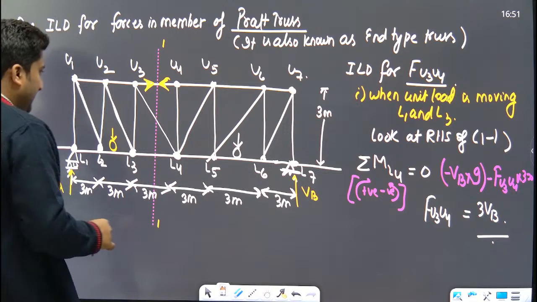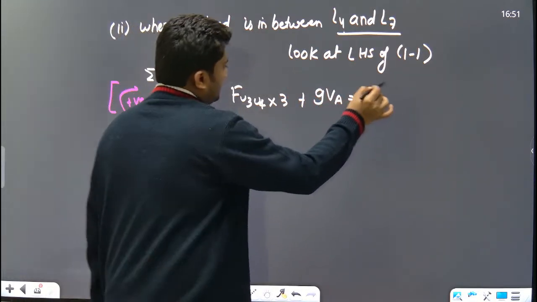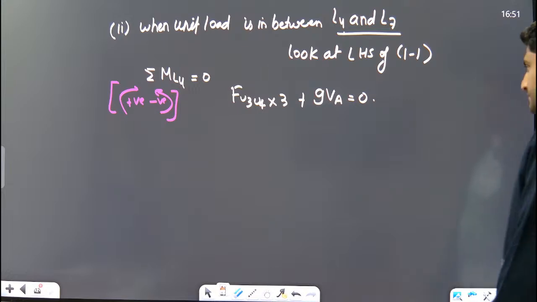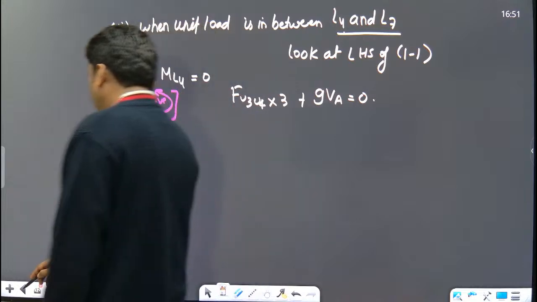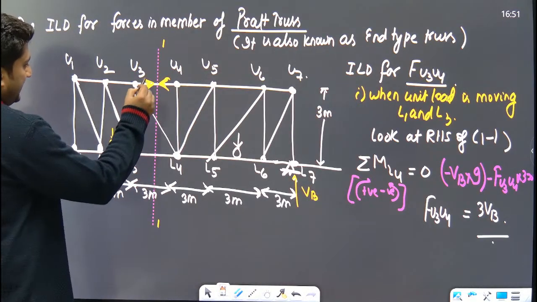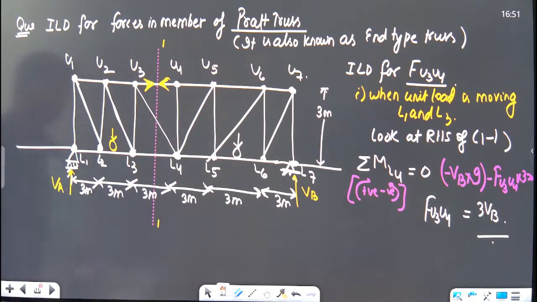So VA into 9 meter plus 9 into VA is equal to 0. So this is the second equation. Yes or no?